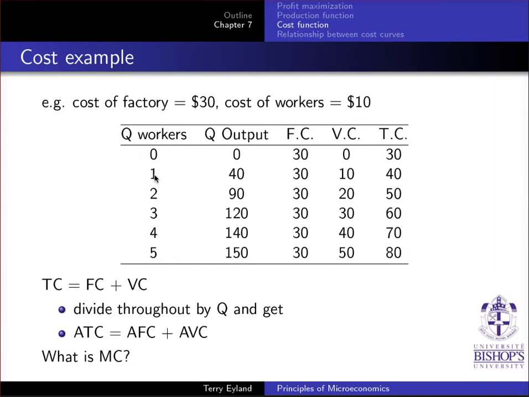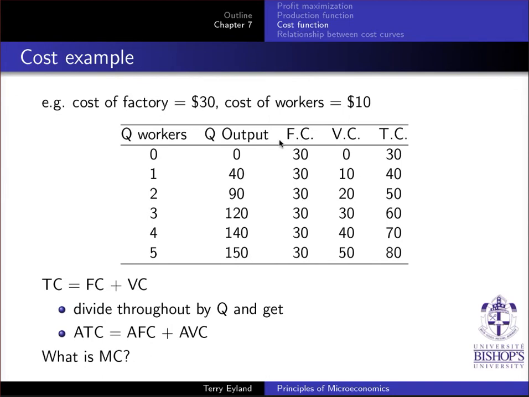If I have 1 worker, I'll have that 30 to pay for plus the 10 of the 1 worker, and so on. So for every worker, my costs go up by 10, which are my variable costs, because the whole time, my fixed costs have stayed the same at 30.